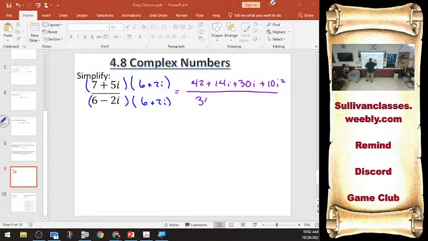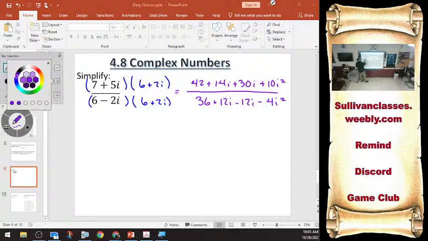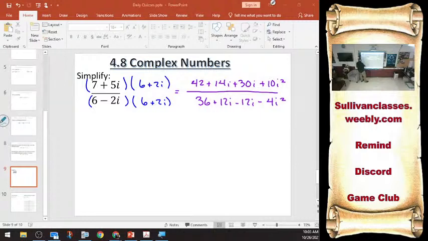Then we have a 36 minus a 12i. No, it's plus. Then minus 12i. Minus 4i squared. There we go. We know that i squared is negative 1, so this is really minus 10. i squared is negative 1, so this is really positive 4.